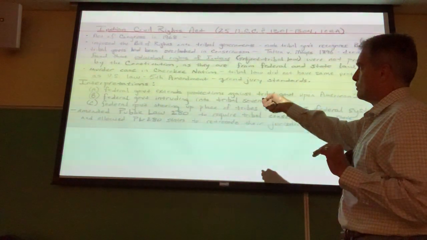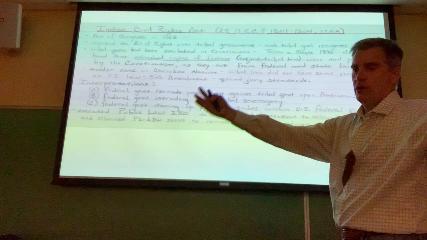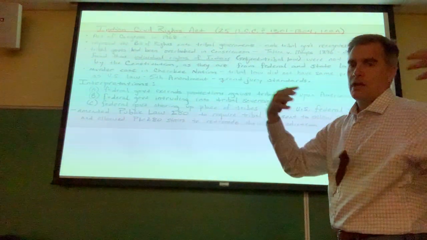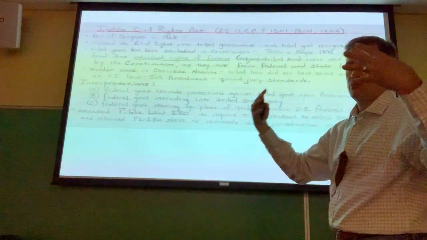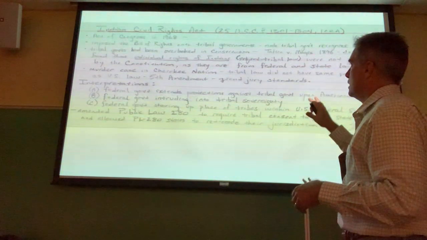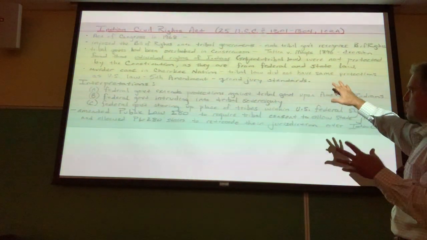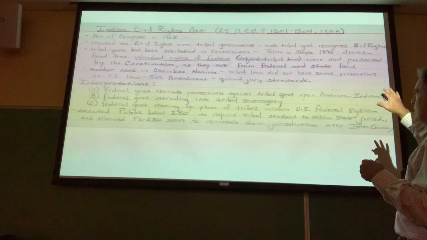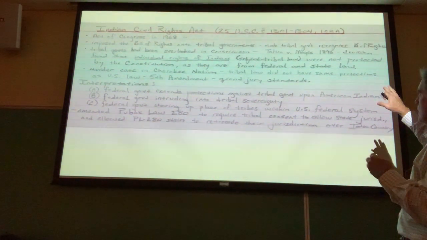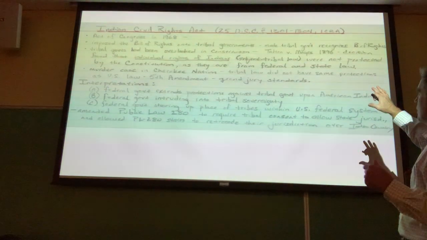So the Indian Civil Rights Act just covered American Indians as they were being governed by their tribal governments. So it required Indian tribal governments to follow constitutional law and not have an exemption from it.